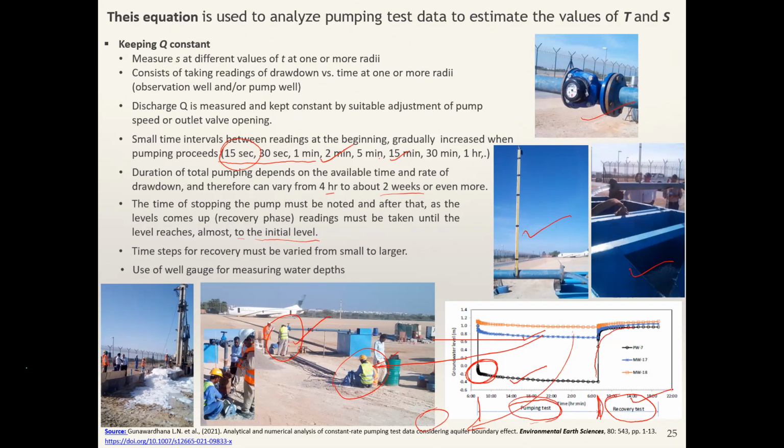What is this recovery test? Simply, you take how the water level recovers. In other words, you simply keep taking the drawdown values. That's it. So you can use it as an independent test to check the hydraulic conductivity estimation that you made from the pumping test data.